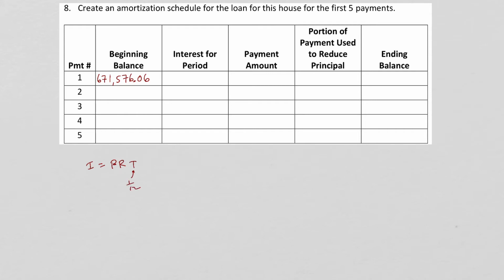So this is going to come out to $2,448.45. Our payment amount is $3,353.08, and it's a fixed payment, so that will get carried down there. So this is $904.63, and we subtract and get an ending balance of $670,671.43.